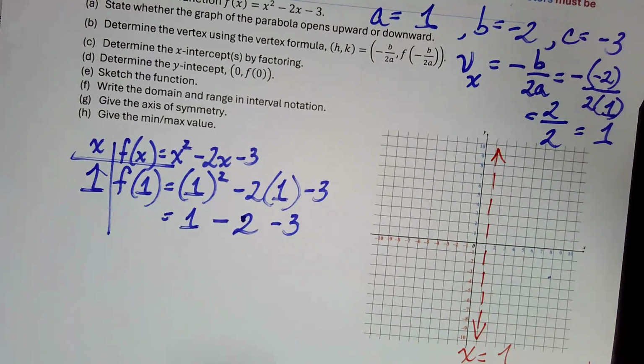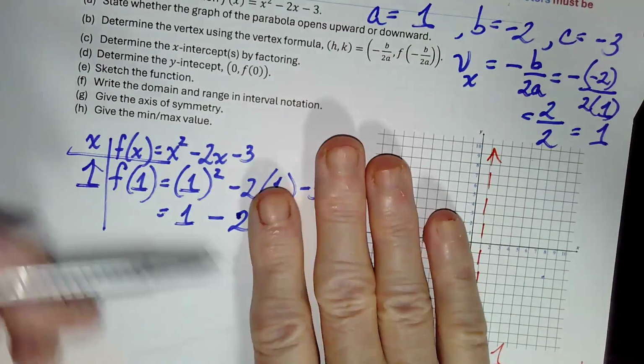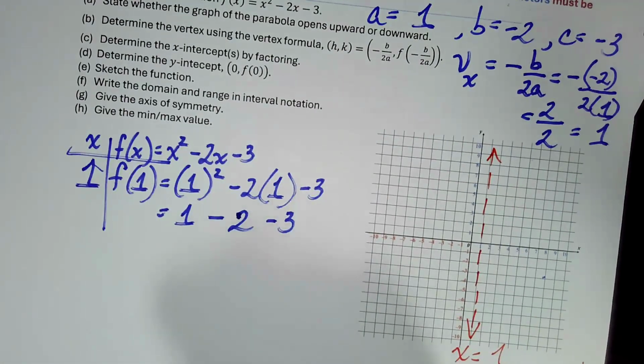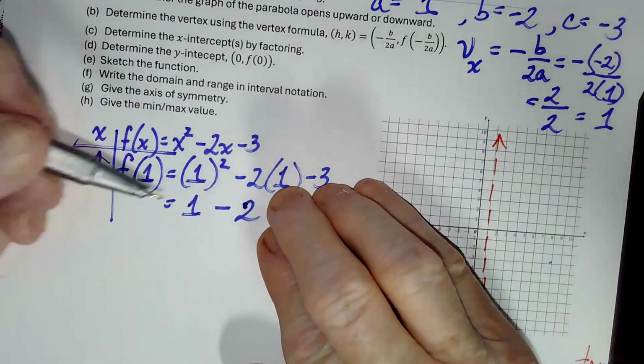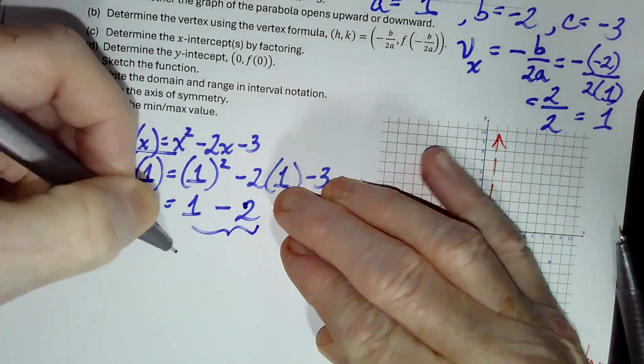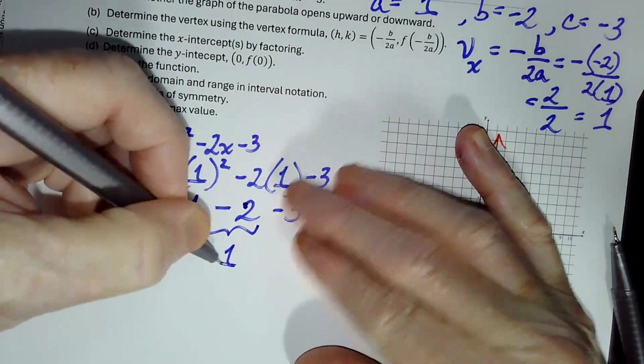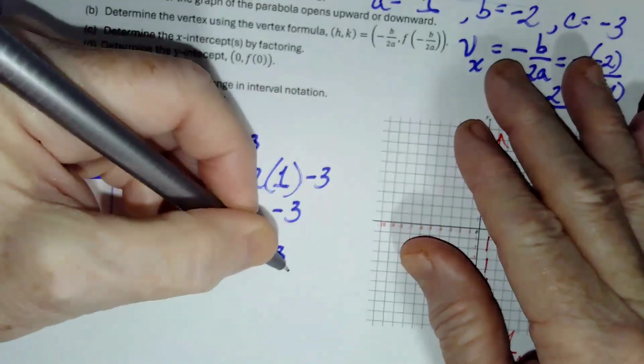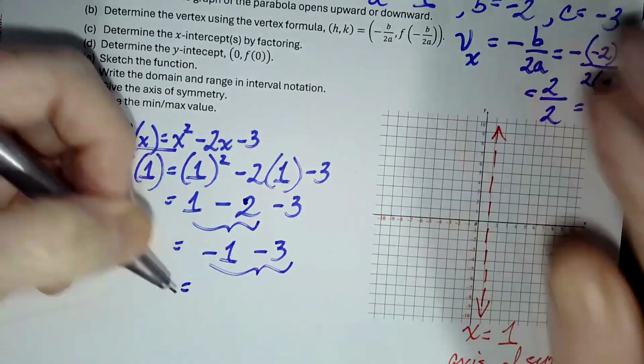You go from left to right. So 1 minus 2 is negative 1. Negative 1 minus 3 is negative 4.